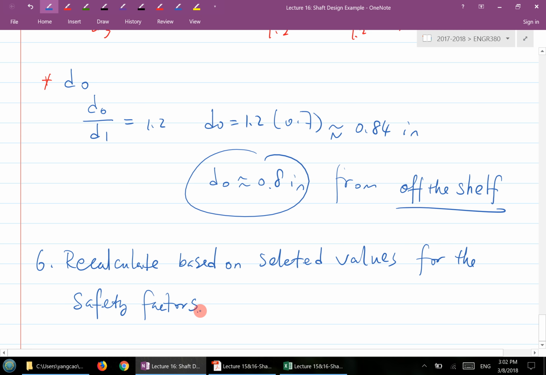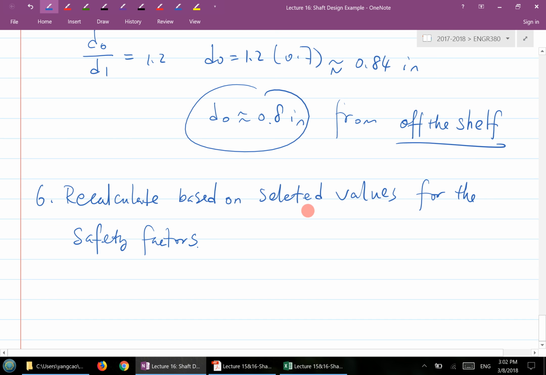In this final calculation, the Kf and Kfs are not going to be the values from your initial conservative guess anymore. Once you have the D, you will be able to get the actual Kf and Kfs. So these are going to be actual values.